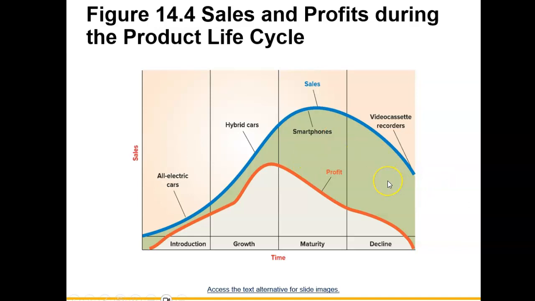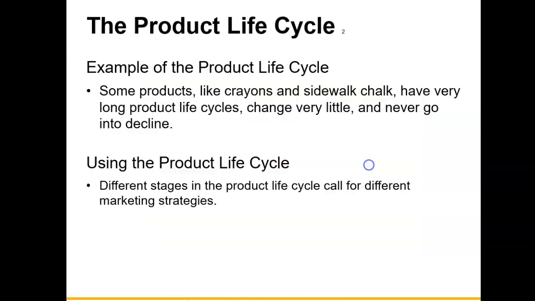In the decline stage, that product is not as popular as it once was. Note that sales and profits are going down. Items such as the video cassette recorder, I mean, who even buys those anymore? They're definitely in their decline stage. Now, you do have some simple products, like crayons and sidewalk chalk, that have a very long product life cycle, meaning that there are very few changes and they never decline.